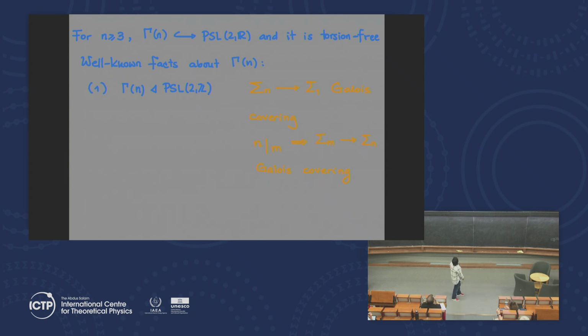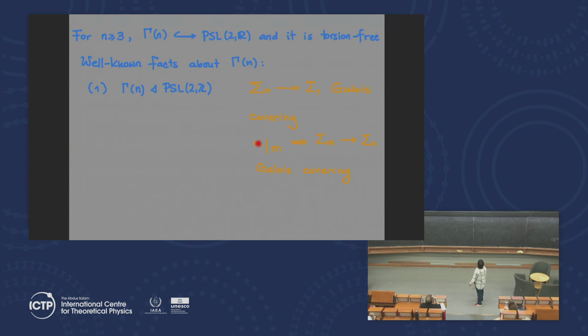Then there are many known facts. The first is that gamma n is normal, of course, because it's a kernel, and so this surface sigma n covers the modular orbifold, and it's a Galois covering.